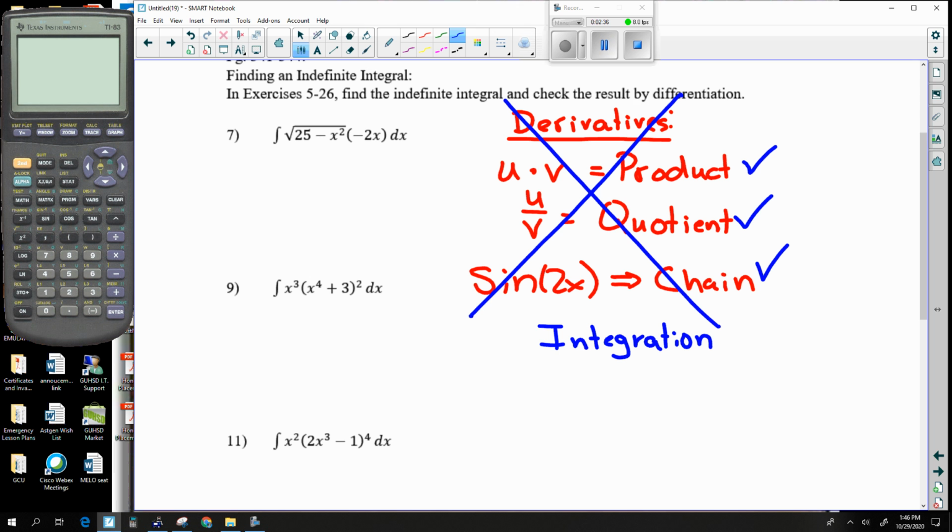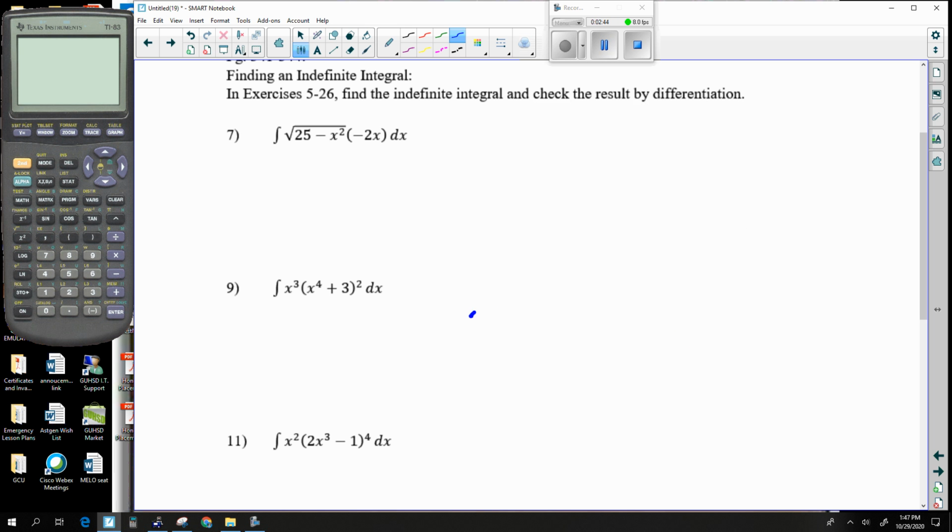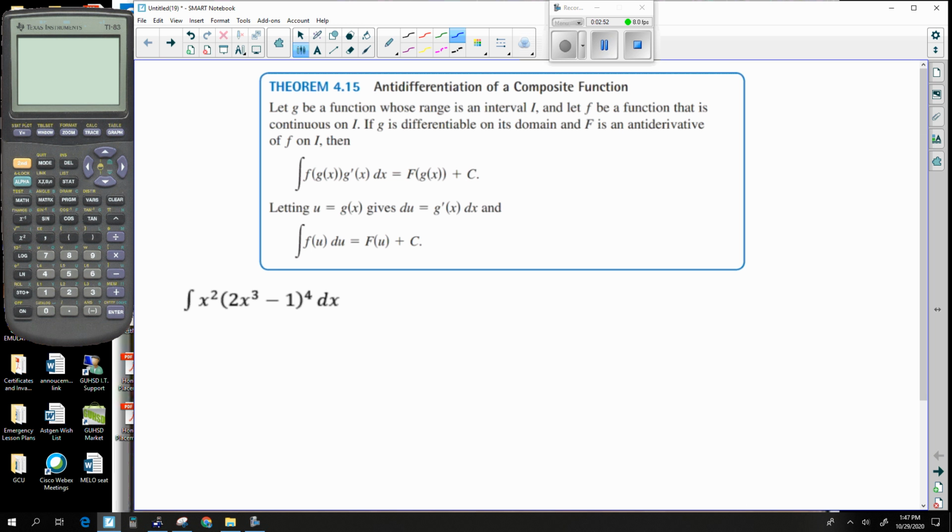One thing that allows us to do this is called U substitution. Let's take a look at what the book says about it, and then I'll try to dumb it down to our kind of level. In essence, if I have a function with an embedded function g, and the derivative of that g also exists somewhere else in the same problem, or some version of it, something really close.